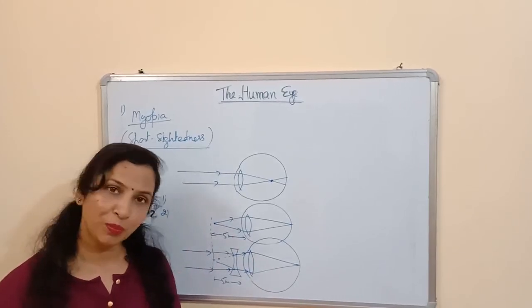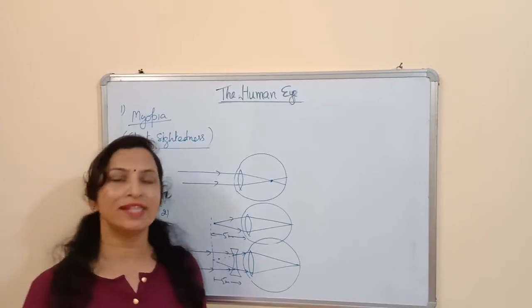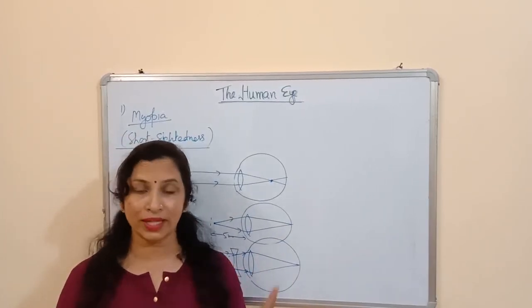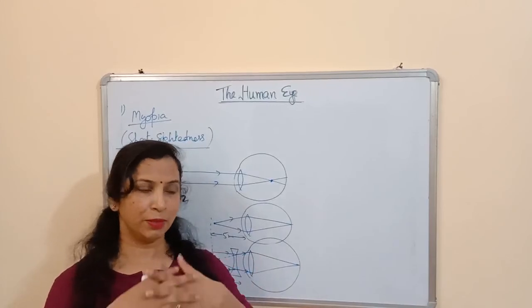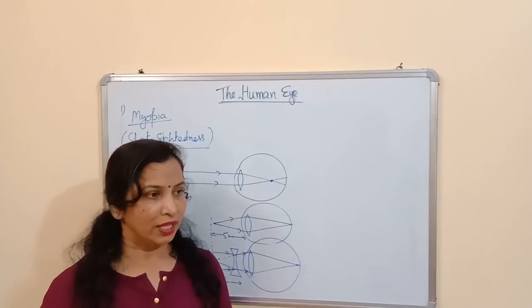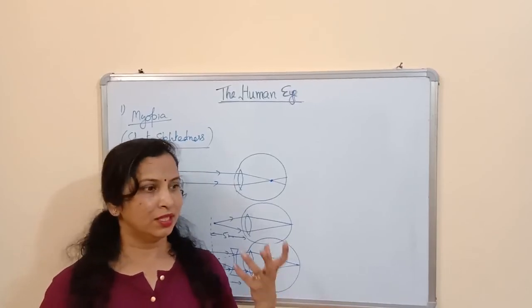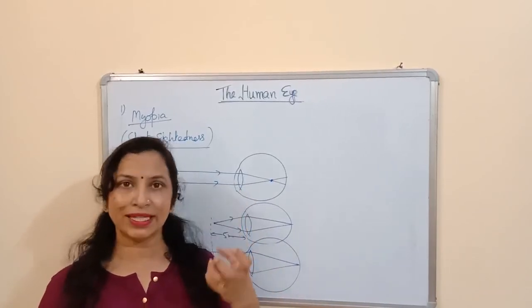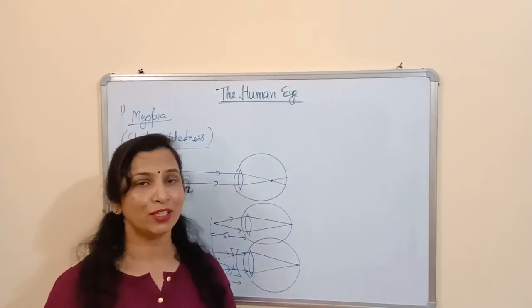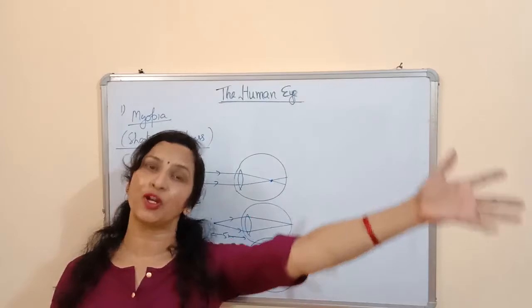And what about presbyopia? Presbyopia is actually called old age hypermetropia. When a person is more than 40 years old, the person cannot see the nearby object clearly, or it can also happen that the person cannot see the nearby as well as the far object clearly.